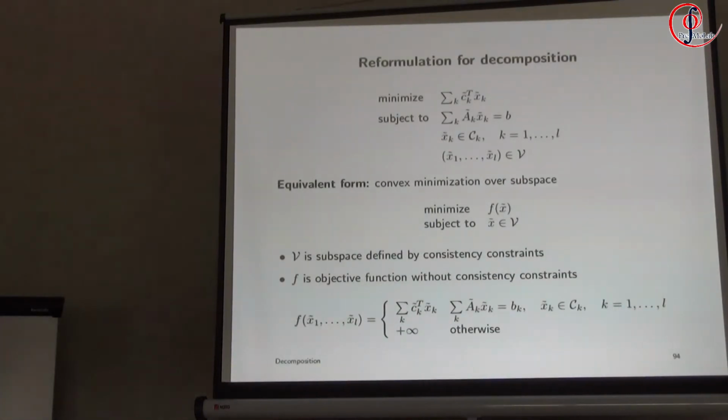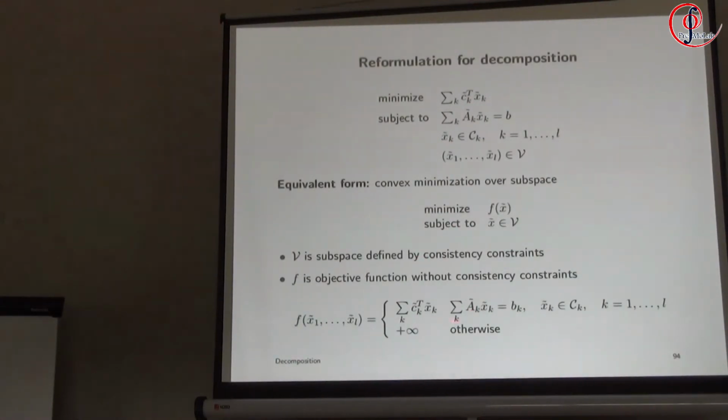And this objective function f is just the objective in the problem plus all the constraints. So it's a function that's equal to the objective if the other constraints are satisfied, and plus infinity otherwise. So it's the objective plus an indicator function for this part of the equations.